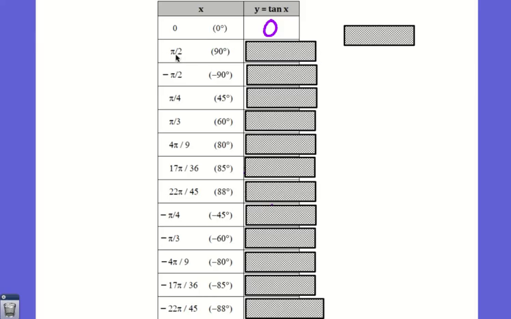Now, what happened when you plugged in pi over 2? What's the tangent of pi over 2? If you already attempted this, which you should have, your calculator gave you an error. Why did the calculator give you an error? And did you do something wrong, or was that expected?